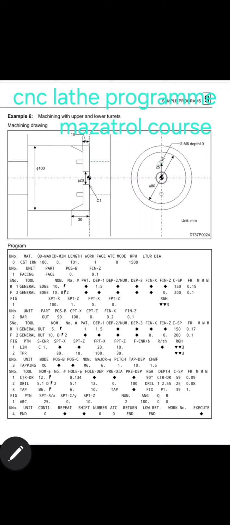If you see the hole in chamfer, we see 1.5. So this is the M6 depth 10. The M6 hole. So then we tap this one.